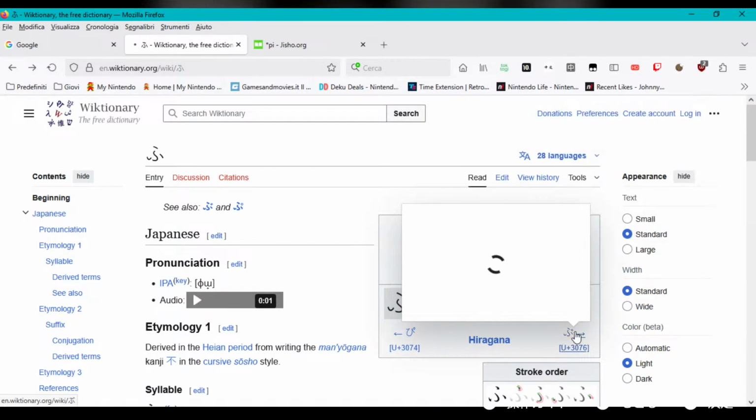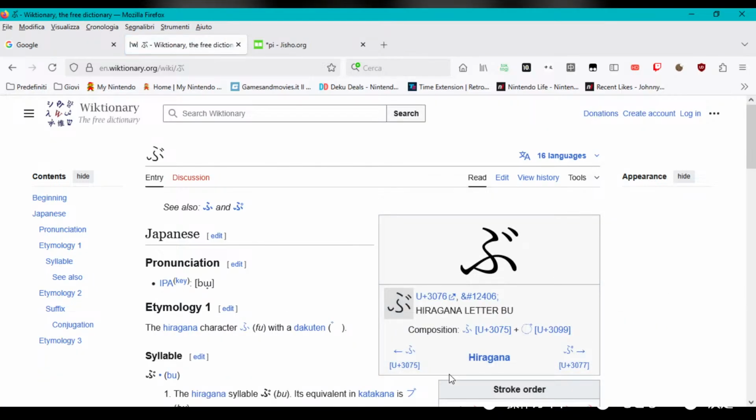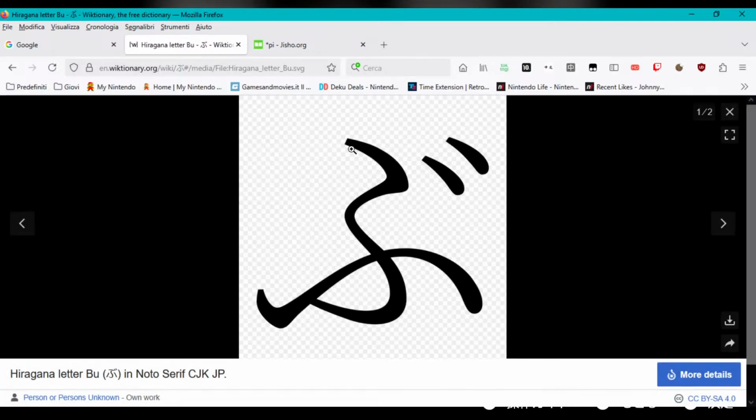Again, we can add the dakuten to have the syllable bu. Luckily, when we add the dakuten and handakuten, there's no more worry about a different pronunciation of the consonant. Bu. Again, top to bottom, left to right, and the dakuten. Okay, dakuten.